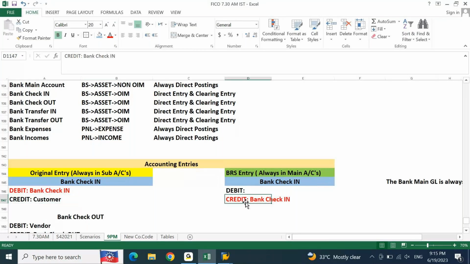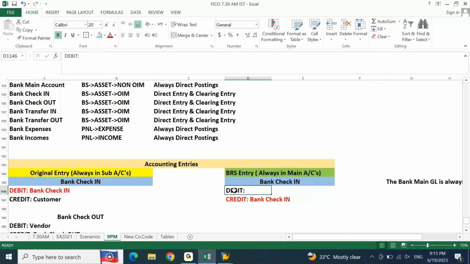Now if you sum debit and credit, will this be zero or will it result in any amount? It will become zero. This will be zero, right?